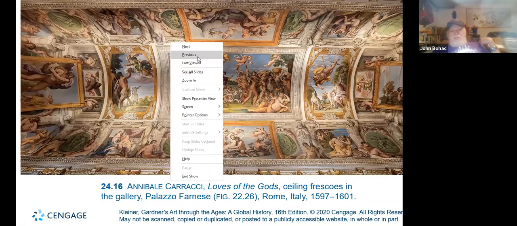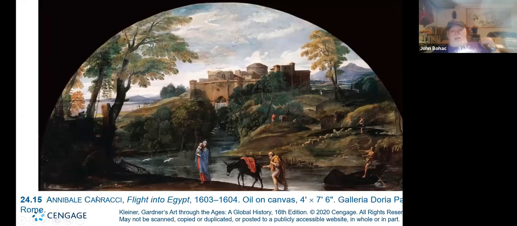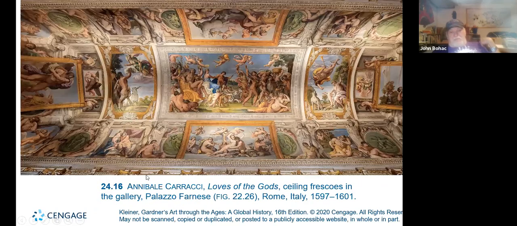But I do want to show you this. That was Carracci. Did this too. The Loves of the Gods, ceiling frescoes. Again, they were making peace with all of the Greco-Roman heritage.